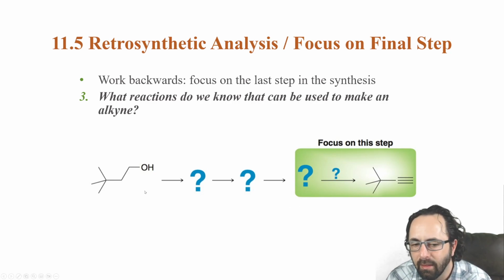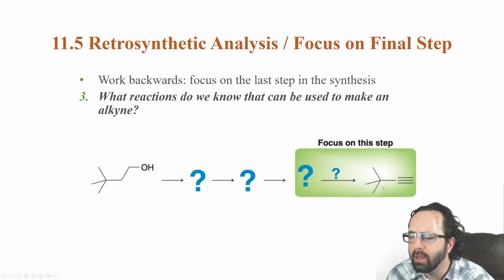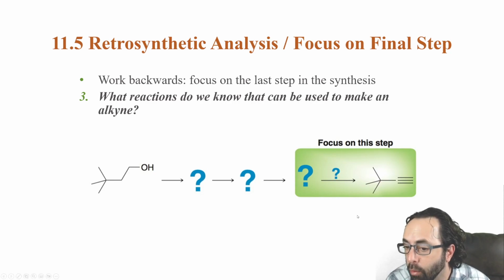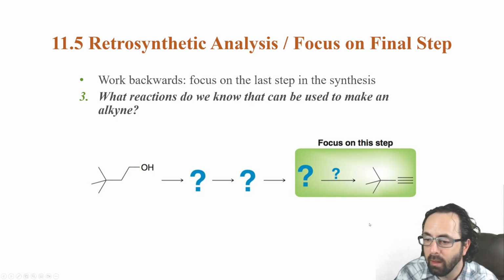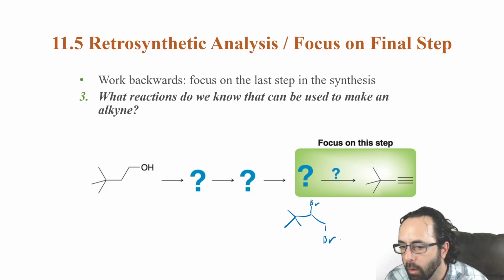And in this case, it's kind of hard to see from the beginning where we might go, but we do only know a few ways that we can create for ourselves an alkyne. And in those, we're going to start with some type of dihalide, right? So maybe we start with 1, 2, 3, 4, 5, 6. We have 6 carbon atoms.